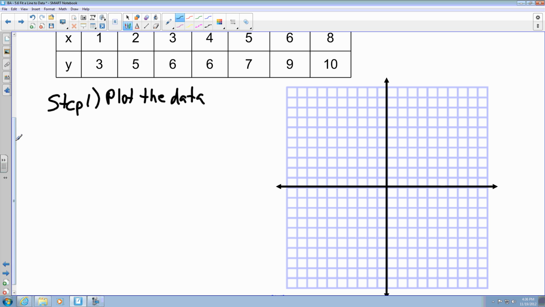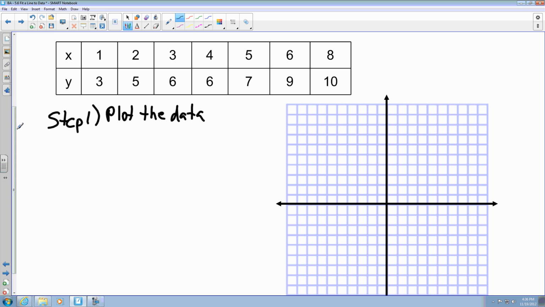So what I'm going to do is look at it. I see x is 1, y is 3, so right there. X is 2, y is 5, so it's right there.